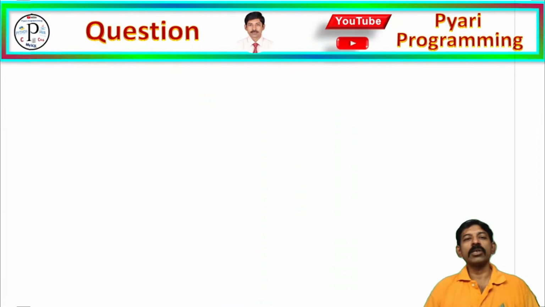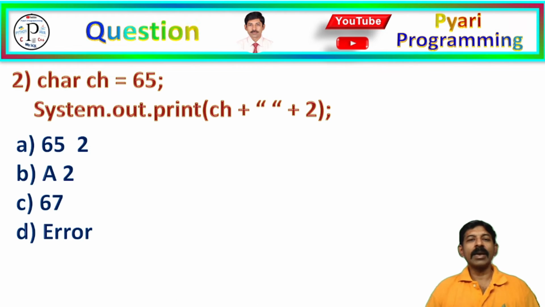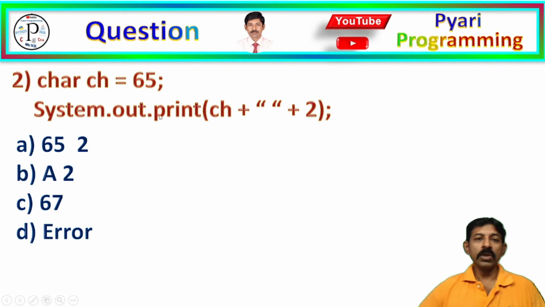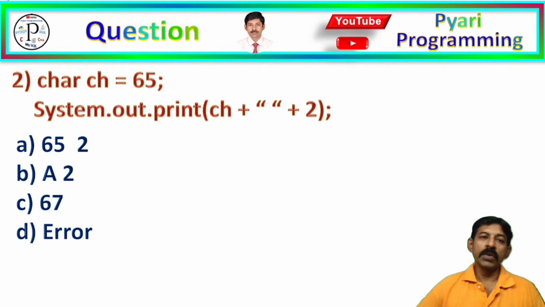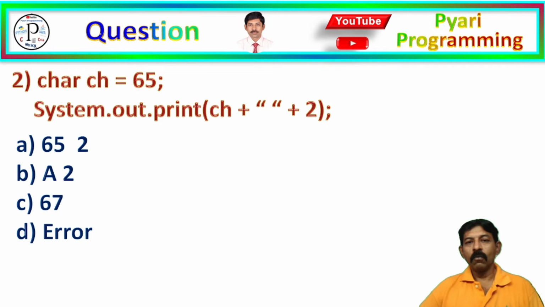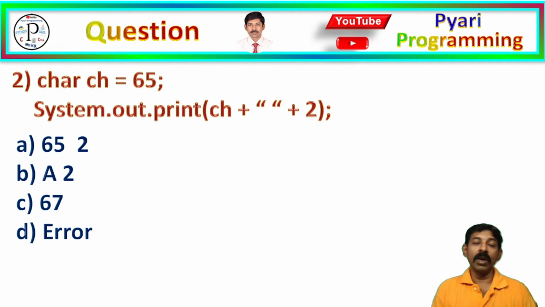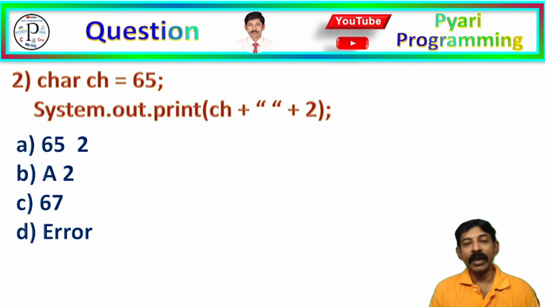Now let's check the next question. The next question says that char ch is equal to 65. Again the same question is in front of us. Print ch plus space plus 2. So obviously we have seen that there is no error because the integer 65 can be stored in a character. While displaying, it is saying ch plus space plus 2. Now there is a space in between the character and an integer. So is it going to convert the character into its ASCII value or will it concatenate?